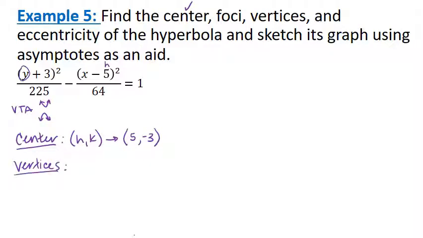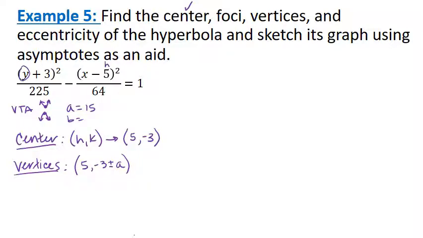The vertices, recall, since this is going to be opening up and down, are these here. So from the center, we're going to move up and down a units. It's always a. Well, if a squared is 225, then a is 15 because the square root of that is 15.